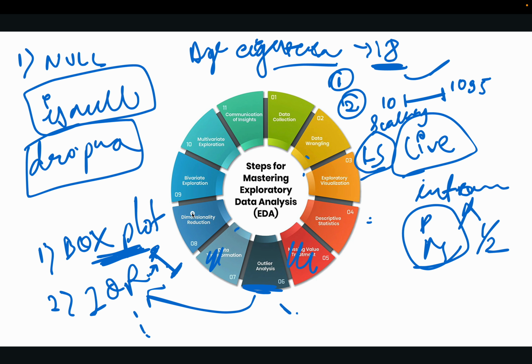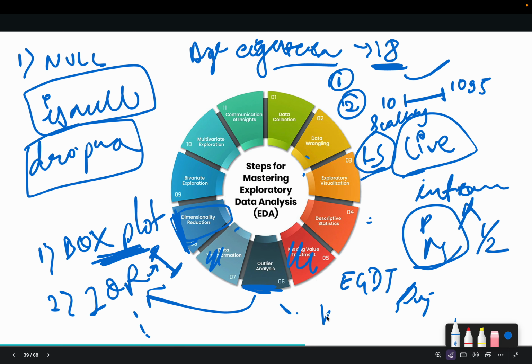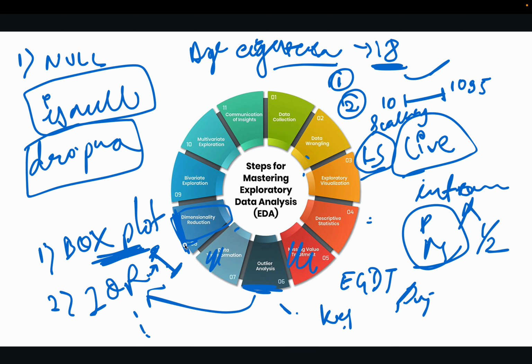Then dimensionality reduction. Do you remember what I told on that day about projection and the key components? If you remove extra things and that doesn't actually hamper your output, prediction or the accuracy of your model, that is known as dimensionality reduction, keeping only the important factors which contribute to your data set.